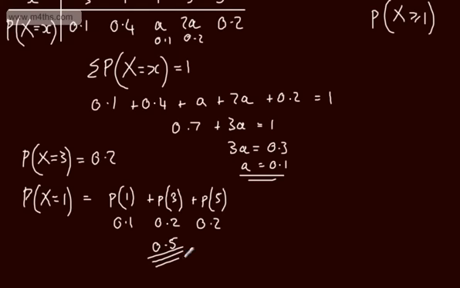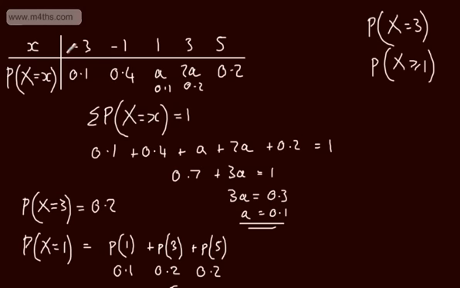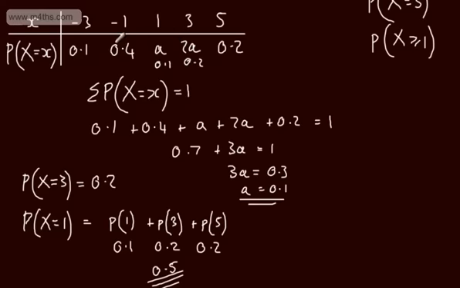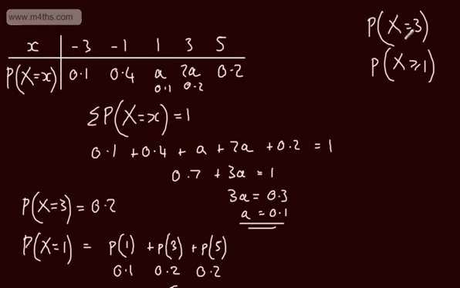Alternatively, what we could have done is simply 1 minus the probability of these two. So if we weren't able to, or didn't want to find a to begin with, we could simply subtract these away from 1, knowing that the sum of all probabilities is equal to 1. I've just put some particular examples right here, but again, you can use your understanding of probability to solve these problems.